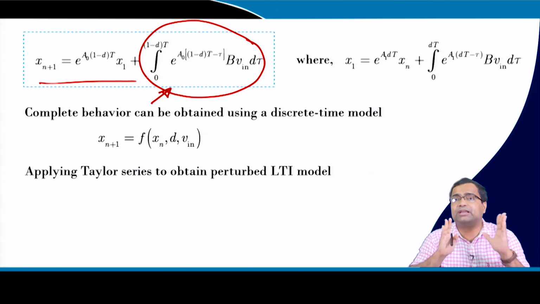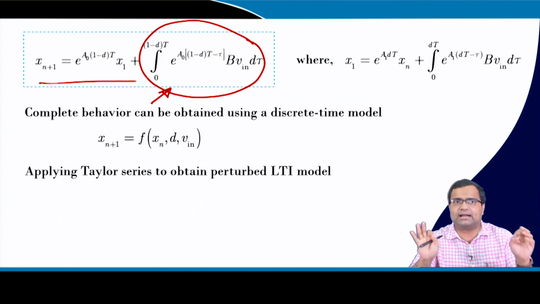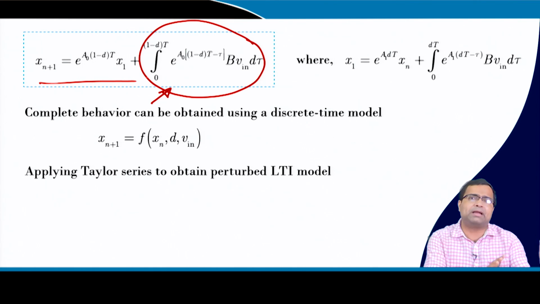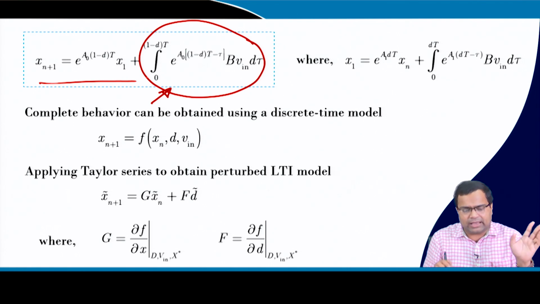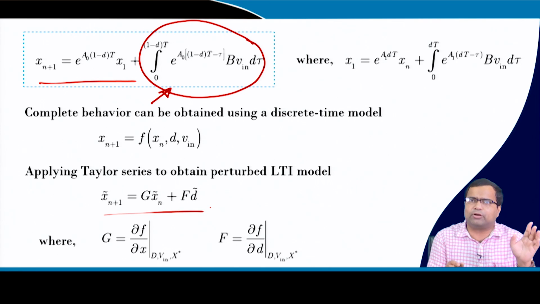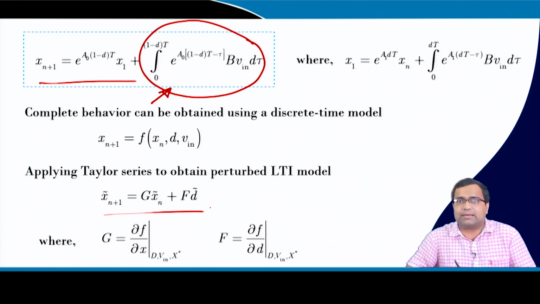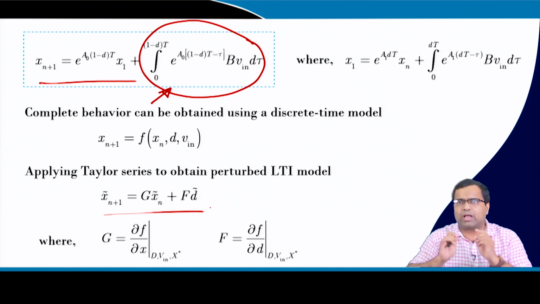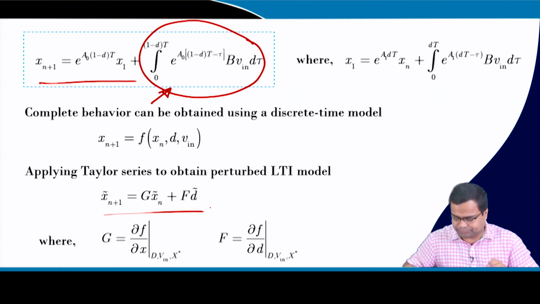But if you ensure by a simplified way that there is no subharmonic instability, and you want to operate at a lower bandwidth of the controller, then it is reasonable to go with a standard small signal model. And here also you can obtain the small signal model from the discrete time model. In fact, for the majority of digital controllers we use the discrete time model directly to accurately design the controller. But in analog control, the small signal linear continuous time models are still popular.